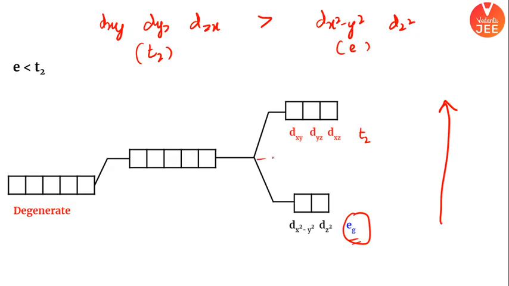This is nothing but your barycenter. From here to here, this is tetrahedral splitting.